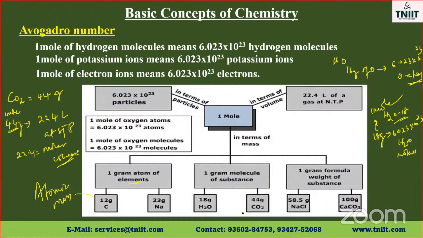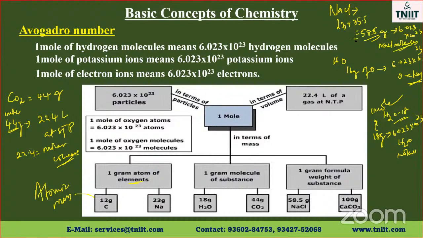So likewise, I spoke about carbon dioxide. If you take gram molecular weight, the formula weight of substances like sodium chloride, it's a salt. Sodium atomic mass is 23, chlorine atomic mass is 35.5. So it will be 58.5. These 58.5 grams of sodium chloride contain 6.023 × 10^23 sodium chloride units.